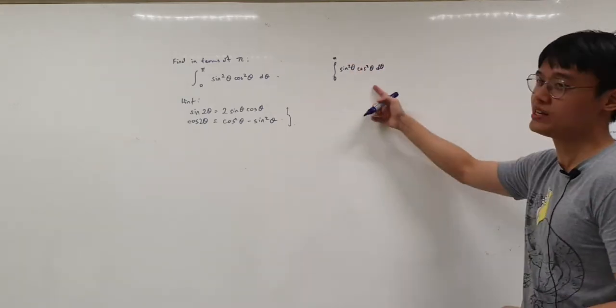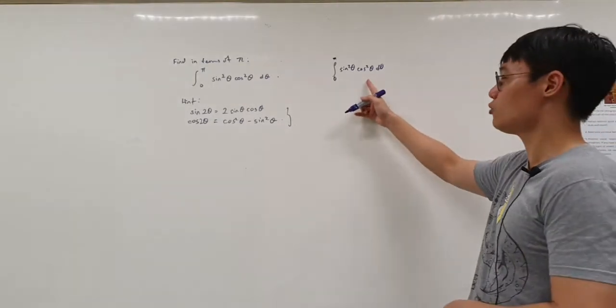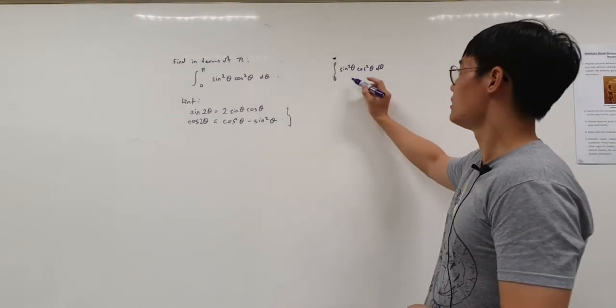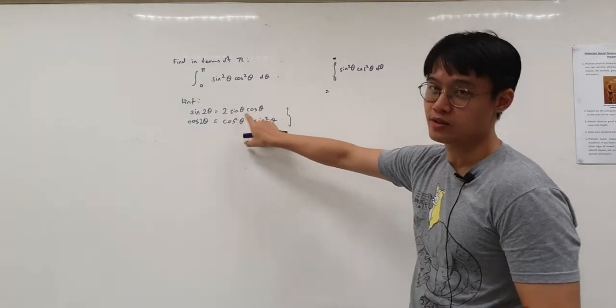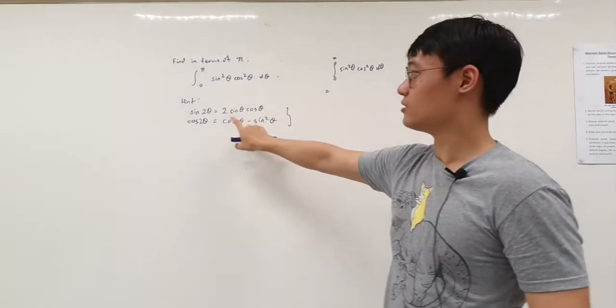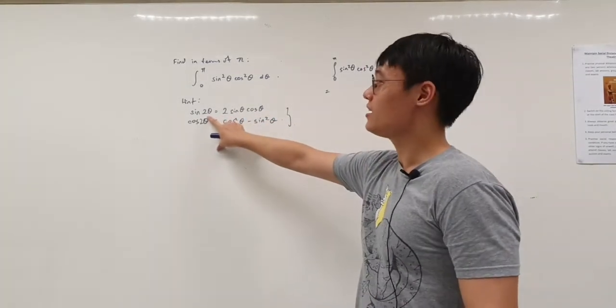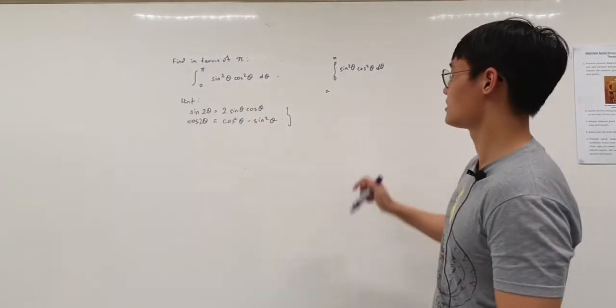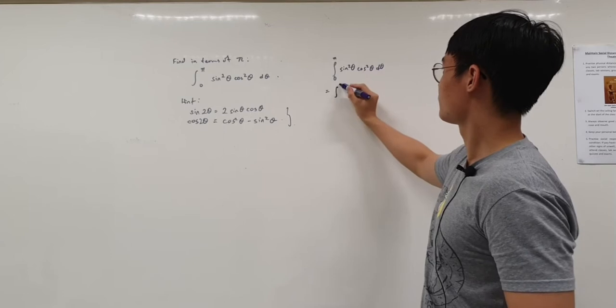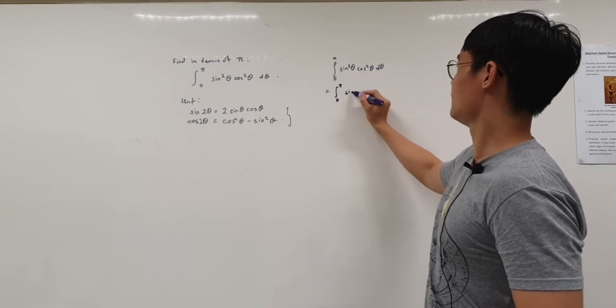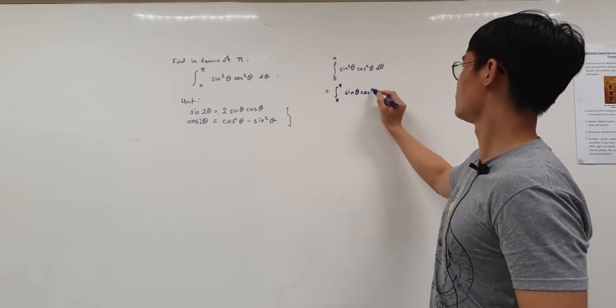Of course, there are many ways to manipulate this expression. Why I use sine theta cosine theta is because it gives us the biggest reduction in the number of terms. Right now, sine theta cosine theta, I can just write like this.